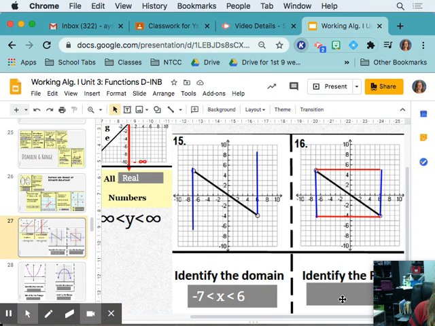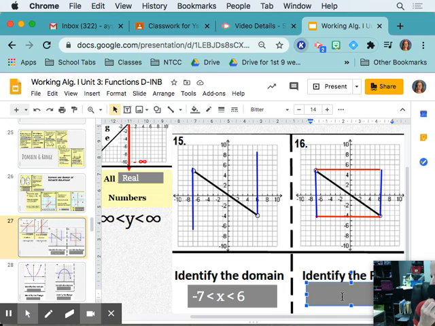Okay, so now we need to do our range. Write what the actual range is. So it's our y-axis going up and down. So our range is going to be, what's the lowest that the line goes? -4. Is it included?